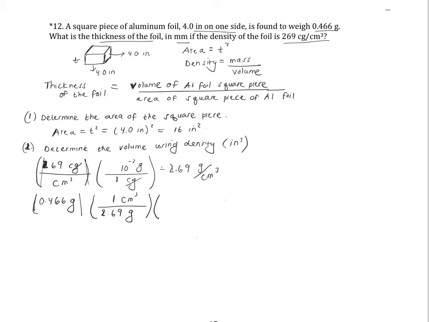And we know that there's 2.54 centimeters per 1 inch. But we have to cube this conversion factor so we can cancel out our centimeters cubed. And so when you plug this in your calculator, we're left with 1.057 times 10 to the negative 2 inches cubed. And this is going to be your volume.